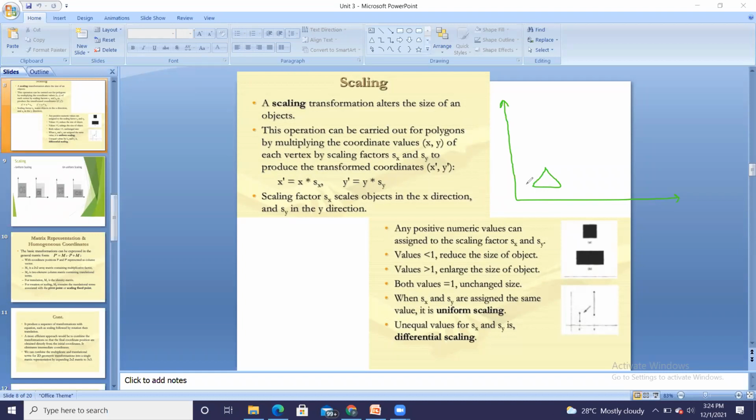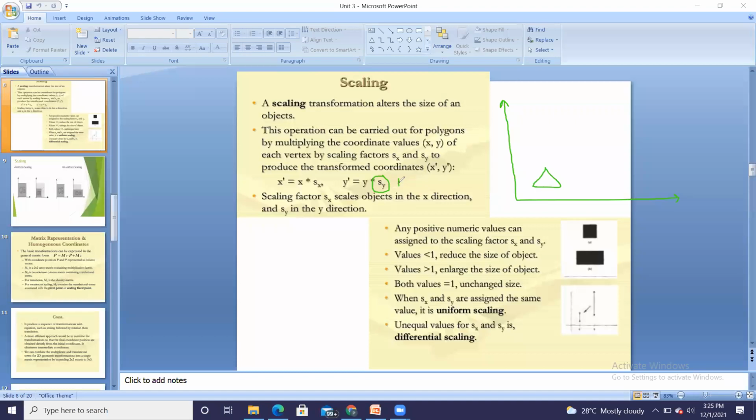So what should be the value of Sy then? Along y, I don't want any change. So y should remain as it is. Y dash is equal to y. So what should be Sy then? Sy should become 1. Right?